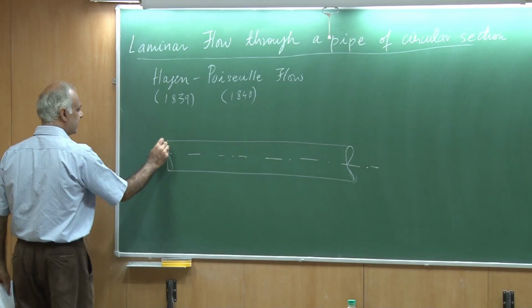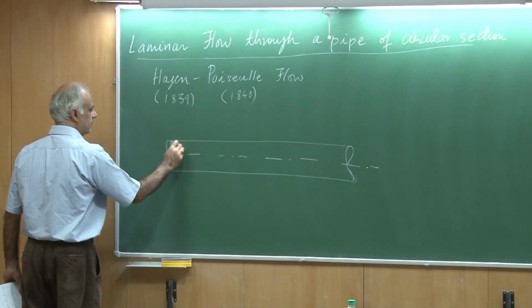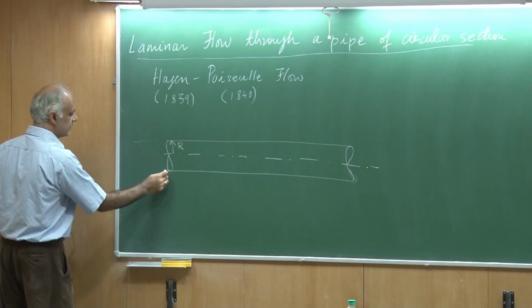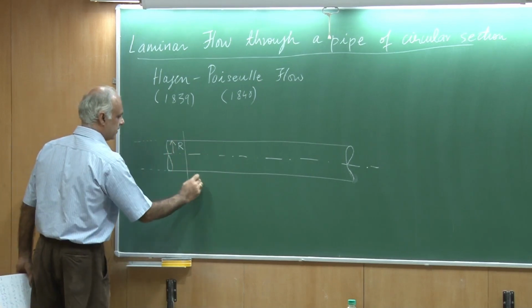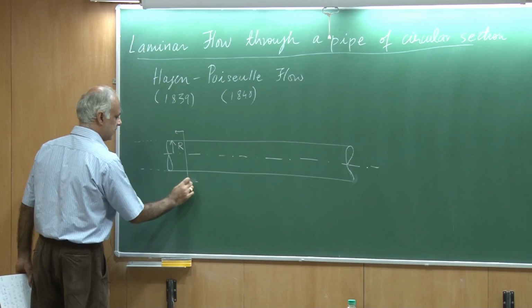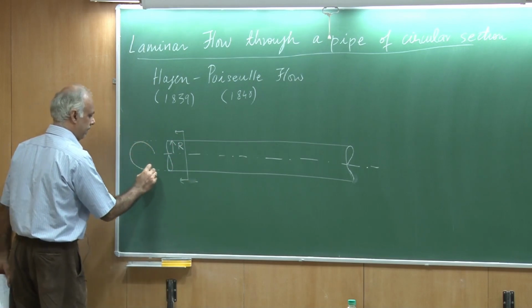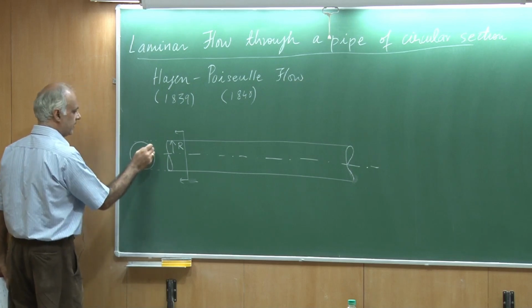And let's say the radius is r. So I'm going to draw a cross section here. If I look at the cross section, then it's a circular section and the radius is r.